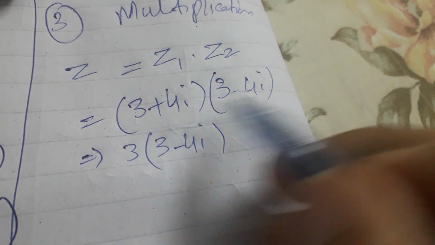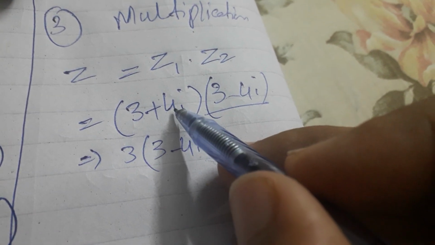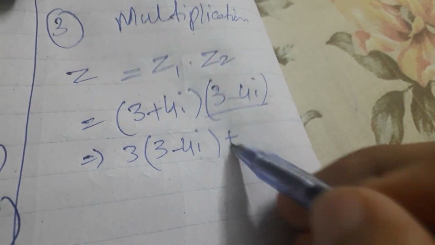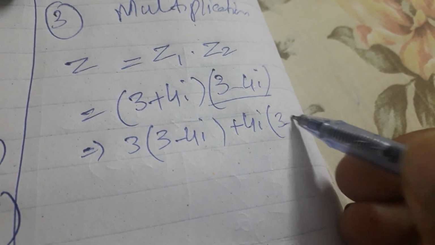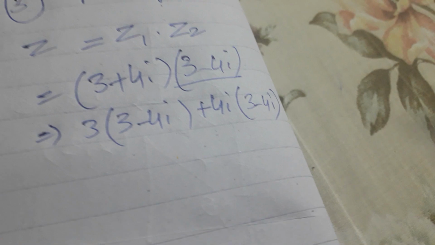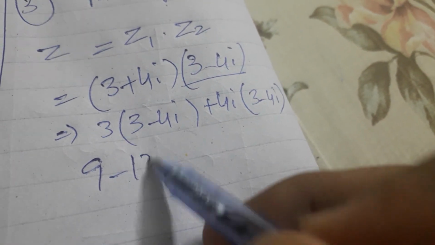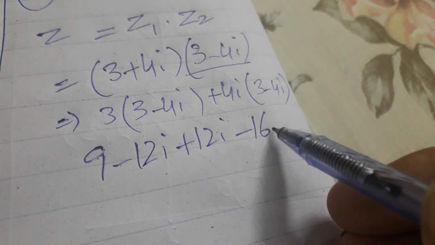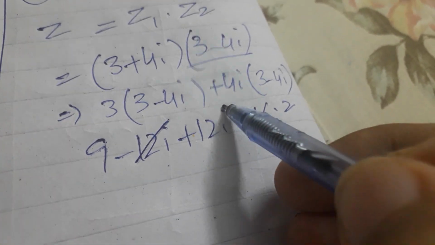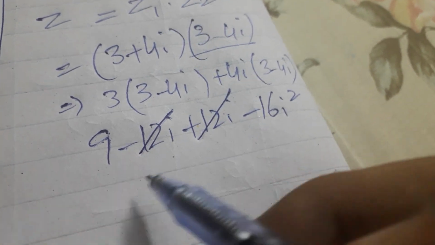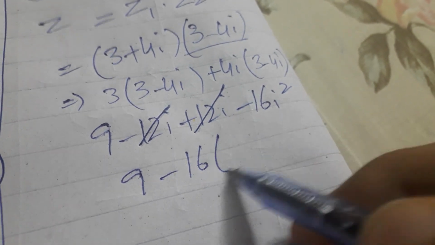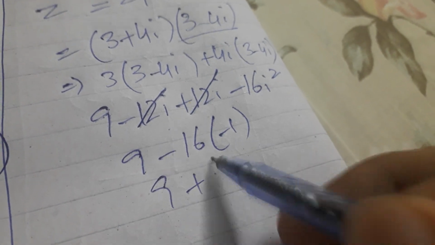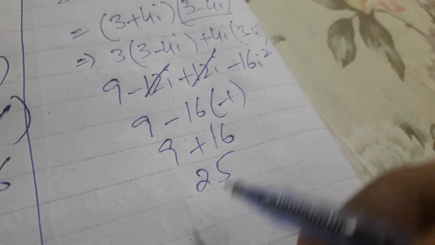We first multiply 3 with this bracket, then in the next step we multiply 4 iota with the same bracket. It will become 9 minus 12 iota plus 12 iota minus 16 iota square. The 12 iota terms will cancel each other. Then we put the value of iota square, which is minus 1, so 9 plus 16, which is 25.